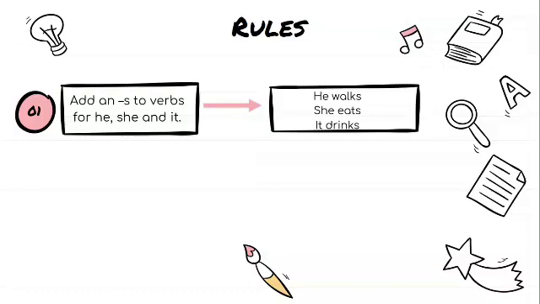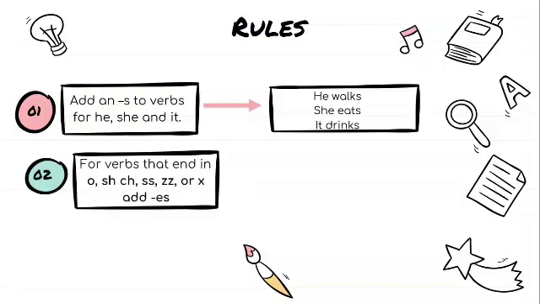And also here we have another rule. It says, for verbs that end in O, SH, CH, double S, double Z, or X, add ES. Ok, si se fijan en el primero nos dicen que tenemos que agregar just the verb, the letter S. Ok, solo la letra S. And if you see here we have walk.